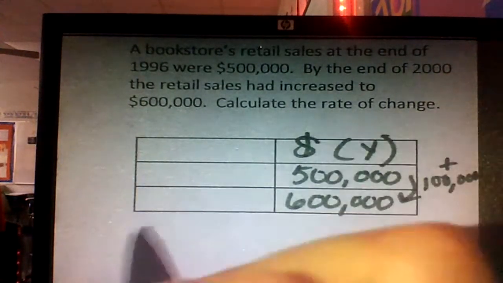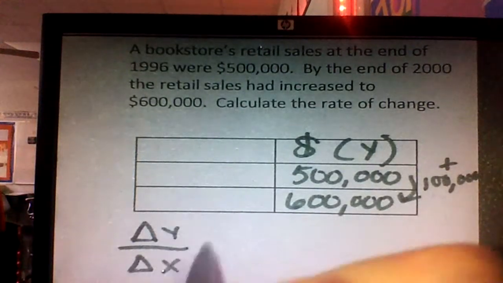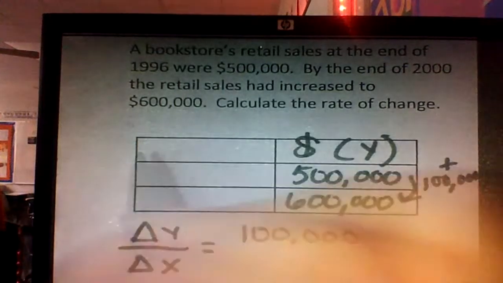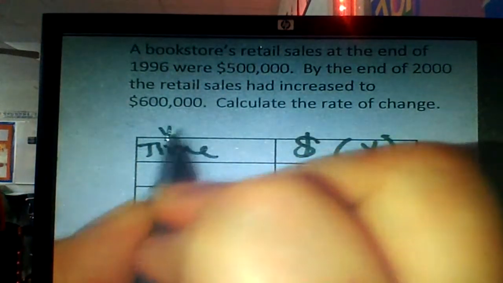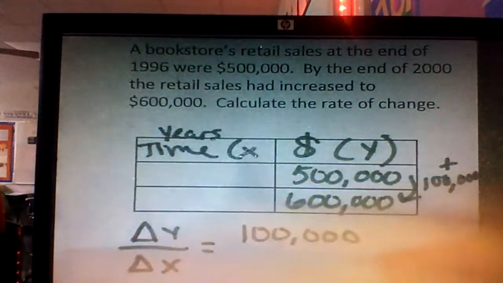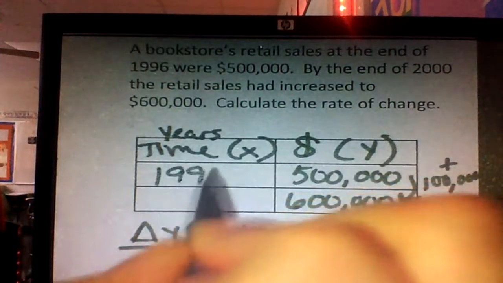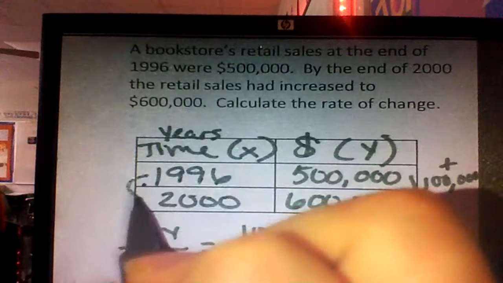Change in Y over change in X. So you said my top number should be 100,000. Well, my X is going to be my time in years. What year did I start at? 1996. And we finished off at 2000.